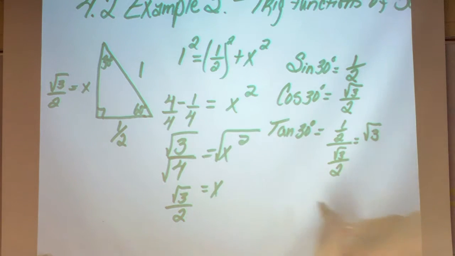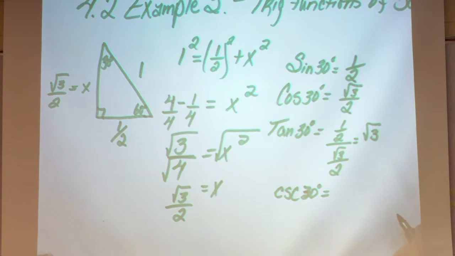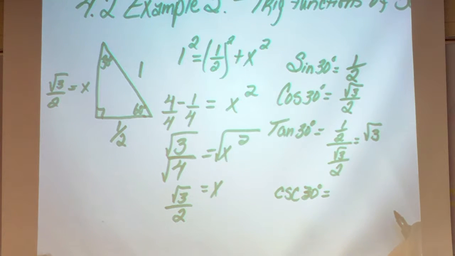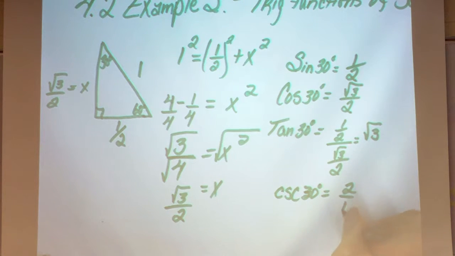Okay, now we're going to go to the other ones. Our cosecant of 30 degrees is going to be equal to the reciprocal of sine, so it would be 2 over 1.